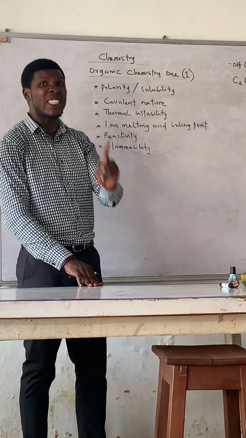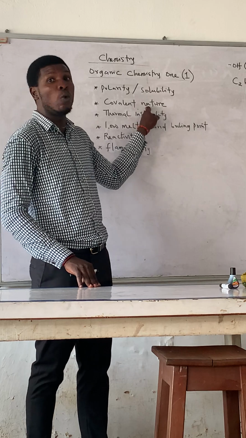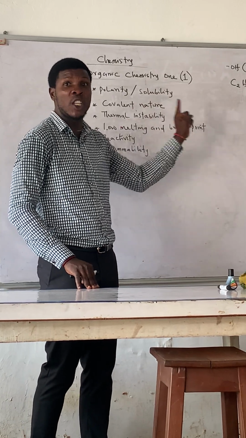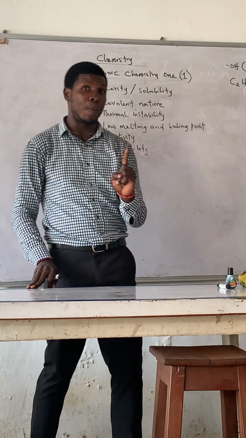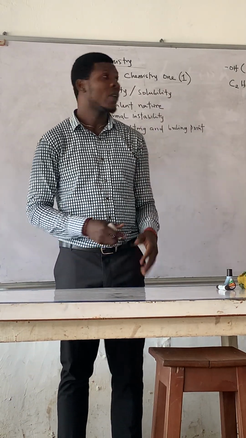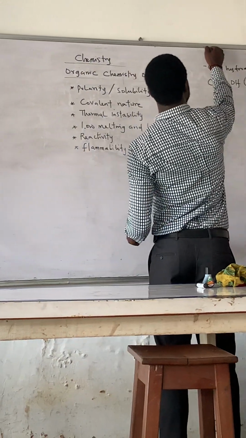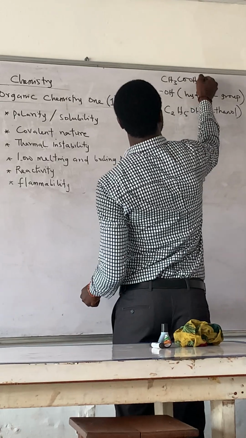One important property assigned to them is that they are normally non-conductors of electricity. Although among all of them, there is a particular organic compound that is referred to as a weak electrolyte. What is that compound called? We call it ethanoic acid, CH3COOH.